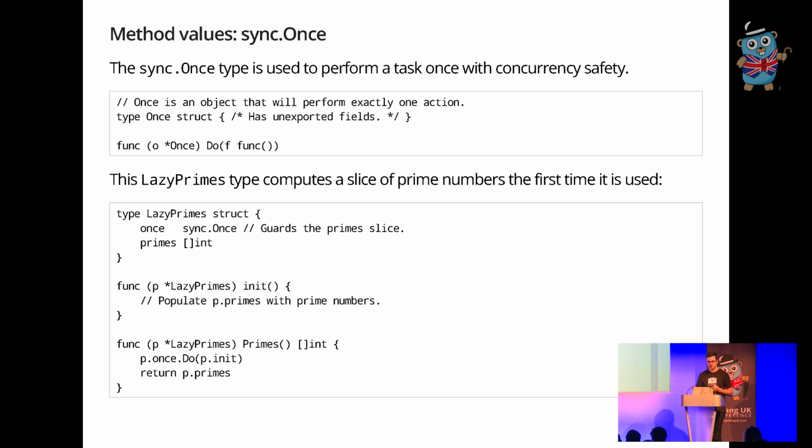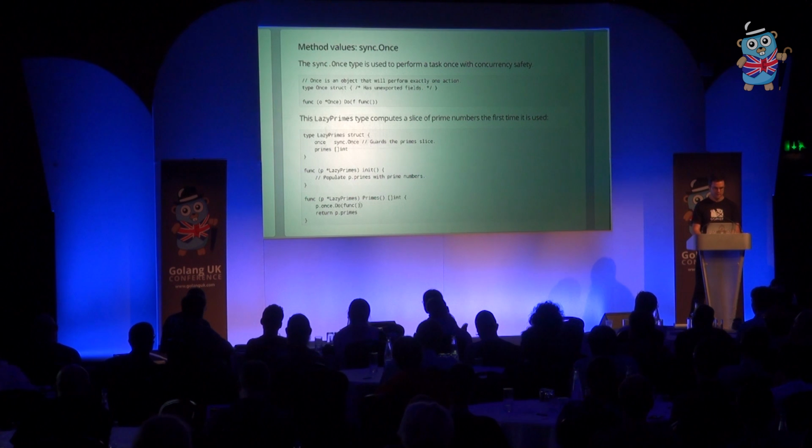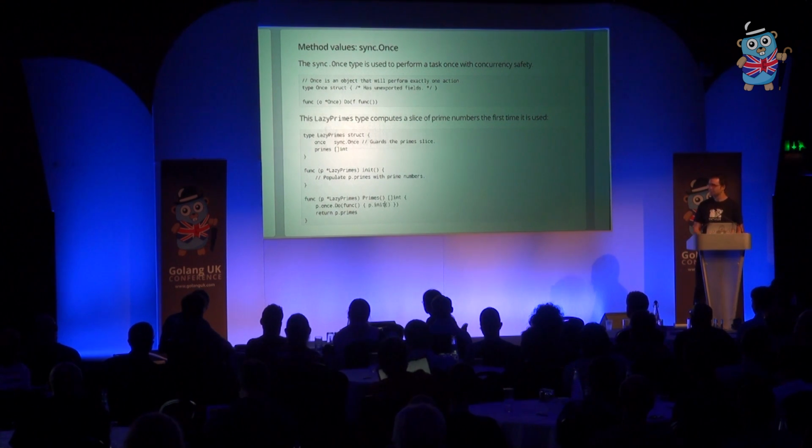And in this case, the method value p.init encloses this receiver into it, and so this init method is called on this particular instance of lazyPrimes, and you get to do the initialization. So that's one nice little clean example. And it's functionally equivalent to writing a function that calls p.init like that and placing that in the same place, if that makes sense.